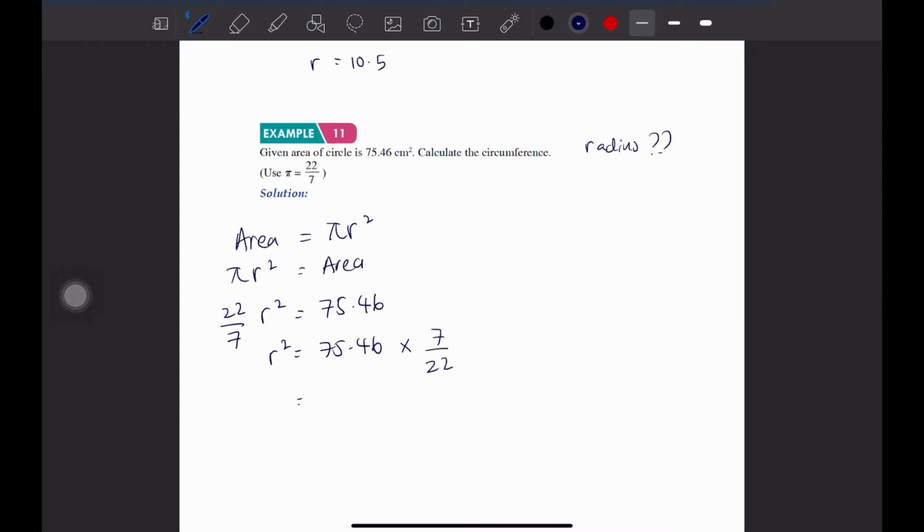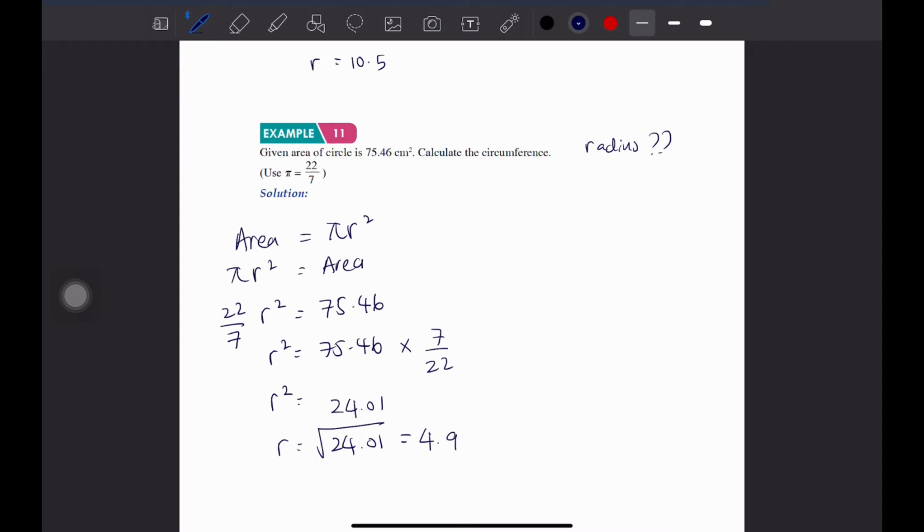So press your calculator. 75.46 times 7/22. So 24.01. So this is r square. R, so square root 24.01. Press your calculator. You will get 4.9.